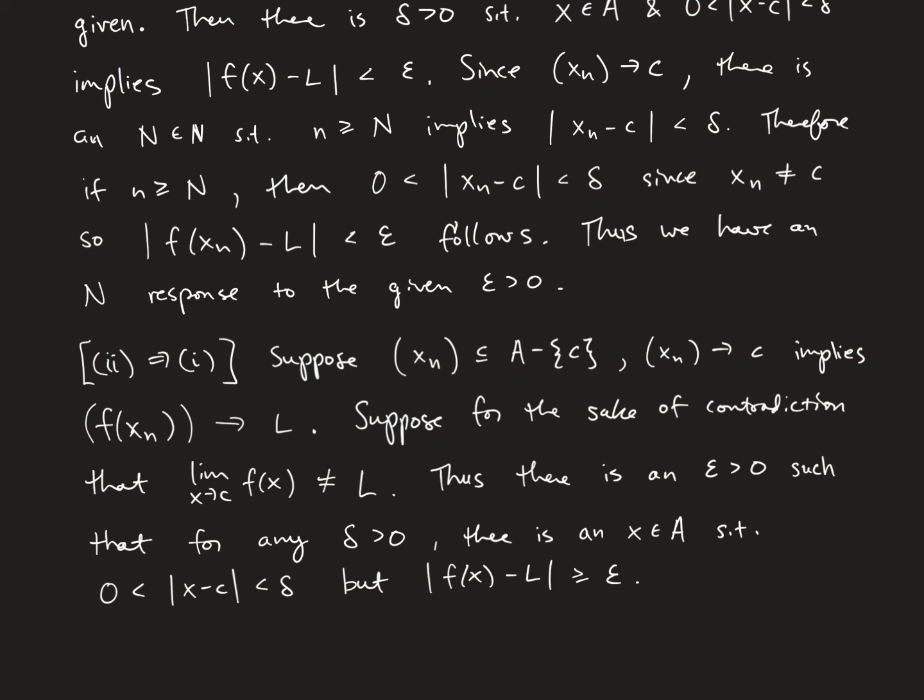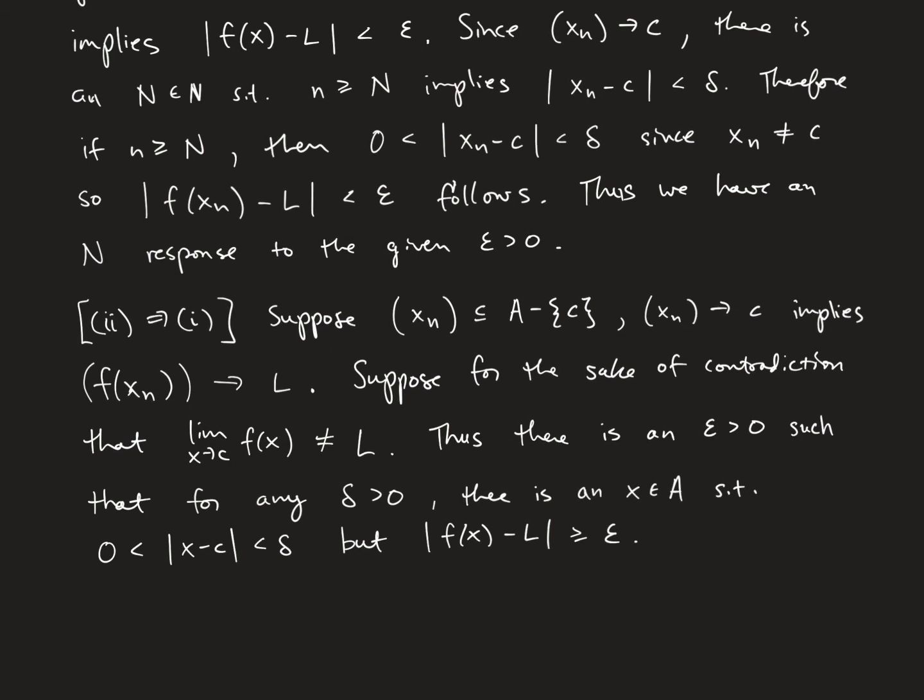And so what we're going to do is essentially produce a sequence, right? So we're assuming that we have this limit implication for any sequence, and we're going to be able to cook up a sequence here because now for any choice of epsilon, we're going to have produced for us an x.